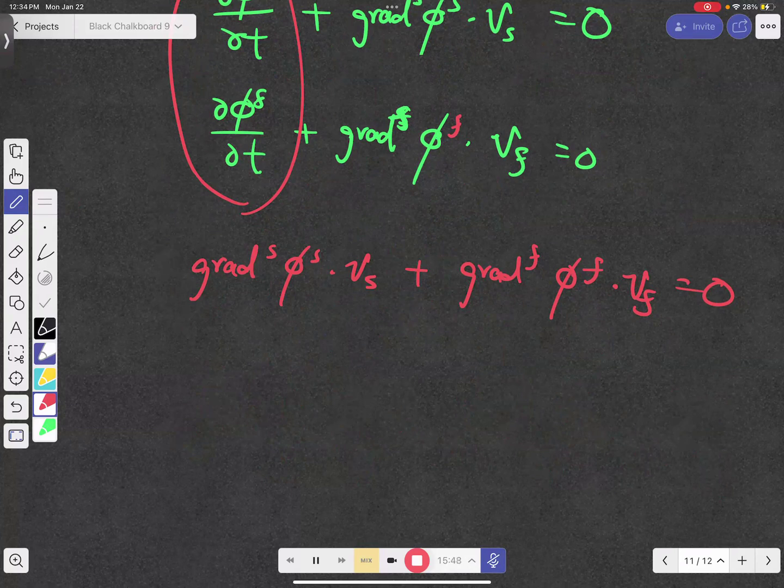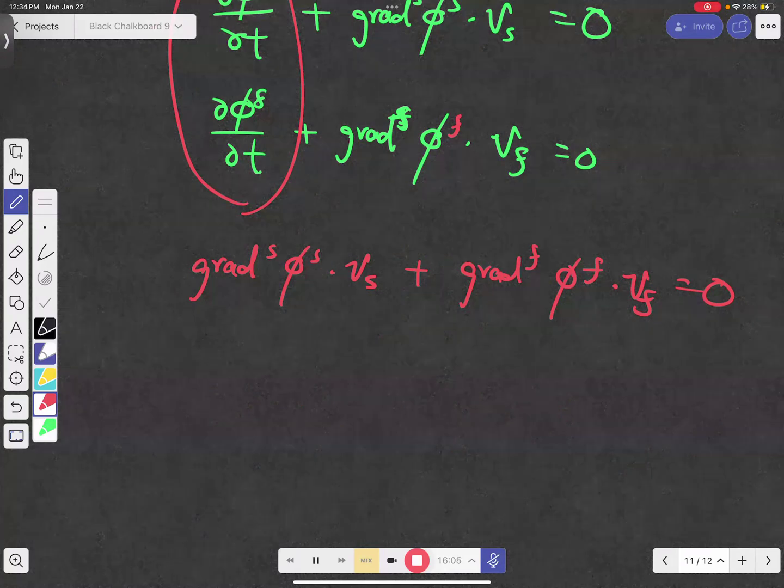Do you think so? So how do I further simplify it? Can I further simplify it? There are opportunities to do that.